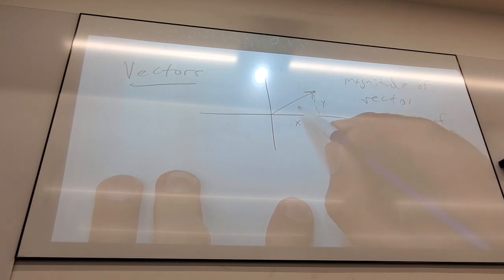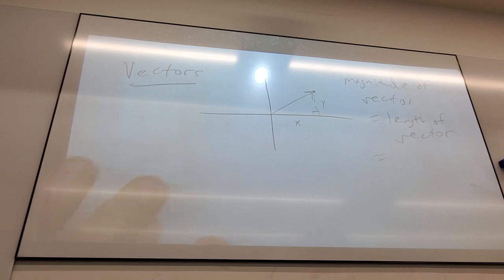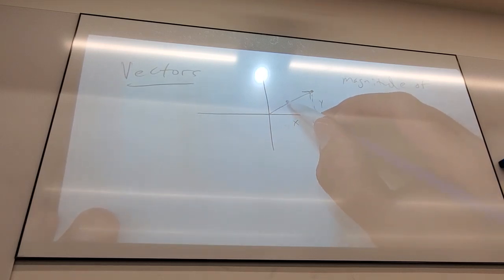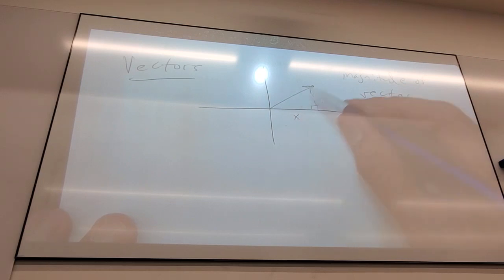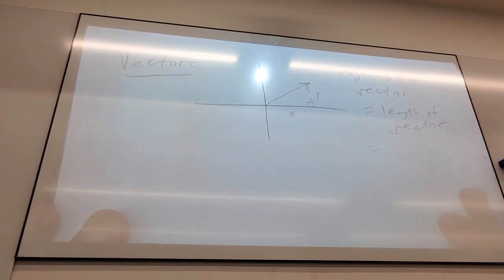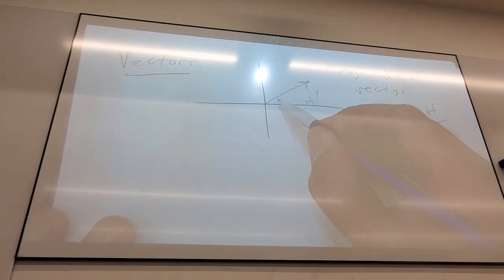How would you figure out how long that vector is? You all know. A tangent. No! I don't care about the angle. I just want to know how long it is. Sine. No. Just x. I haven't told you anything about an angle. Just x. It's a right triangle.